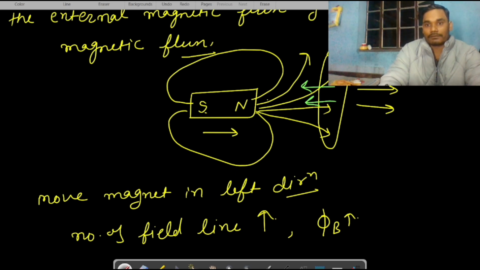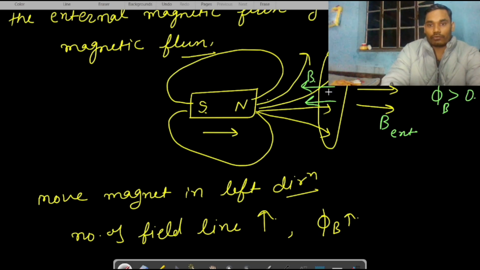If I take the area in this direction, then the magnetic field due to the source, or we can say external, will be positive. And this is the magnetic field of the loop, so the area is in this direction, and the magnetic flux of the loop will be negative, so it opposes its cause.